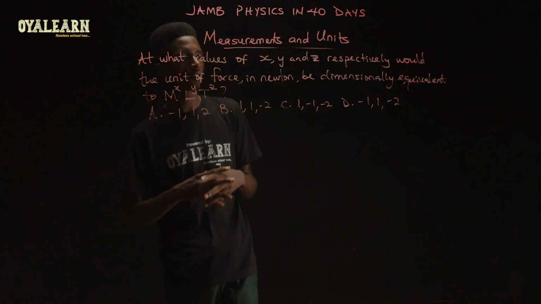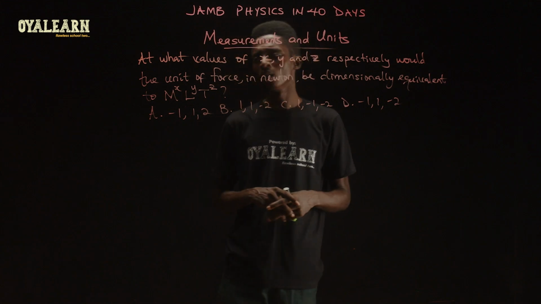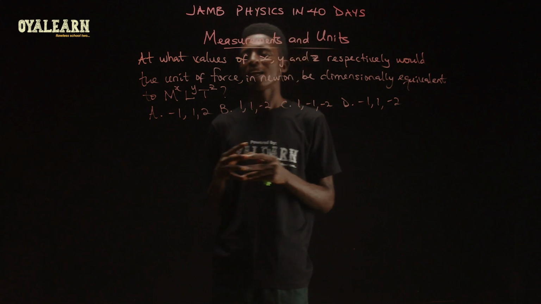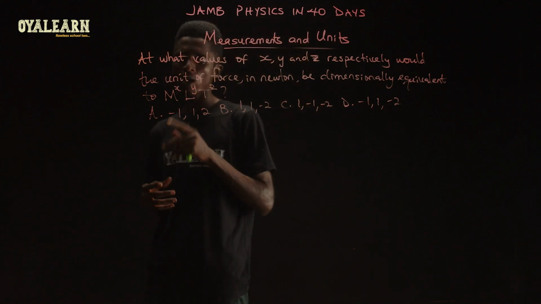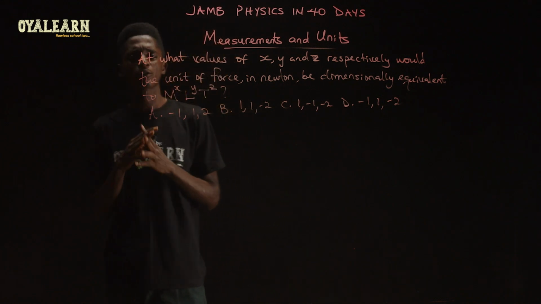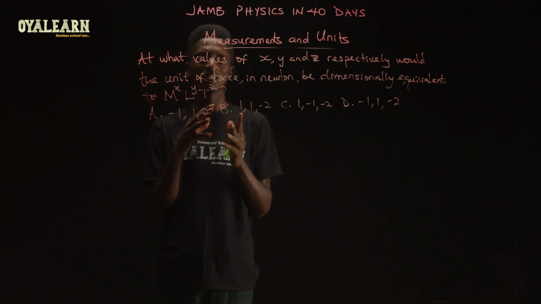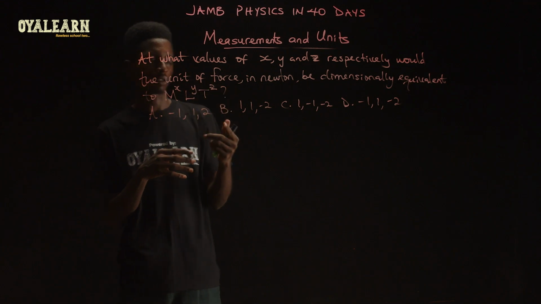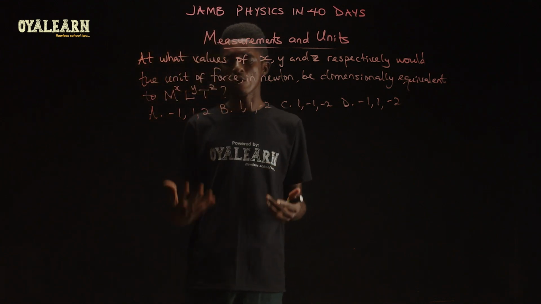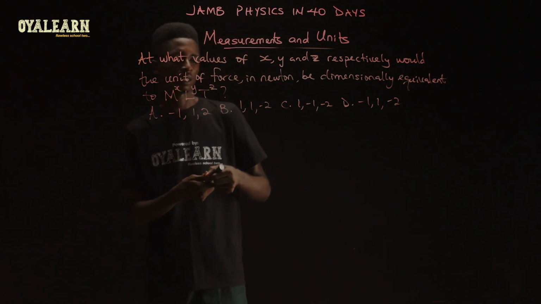At what values of x, y, and z respectively would the unit of force in newtons be dimensionally equivalent to M power of x, L power of y, and T power of z? So basically what we have to do here is to use dimensional analysis to find the dimension of force. And then we equate it to this and then find the value of x, y, and z.